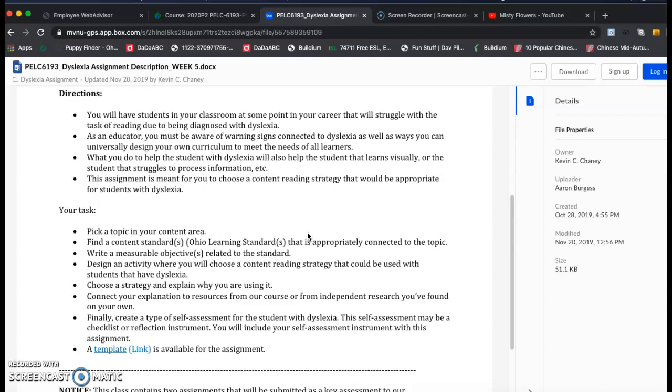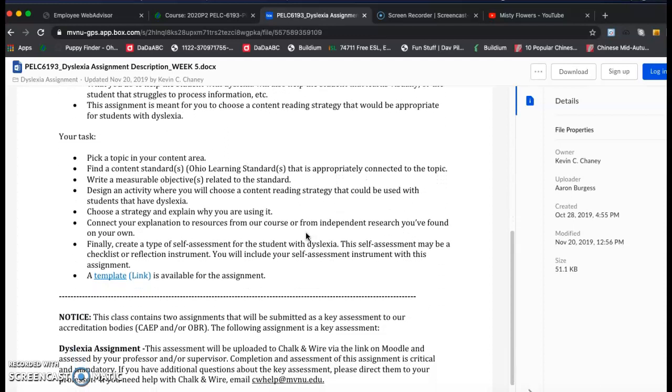This assignment is meant for you to choose a content reading strategy from one of the Allen flip charts that would be appropriate for your students with dyslexia. Your task. First, you're going to pick a topic in a content area, whether that be language arts, math, science, social studies.